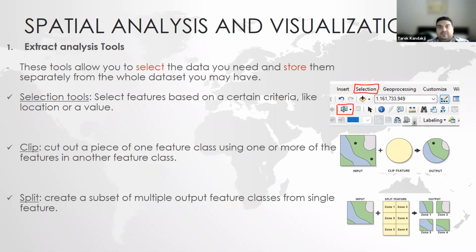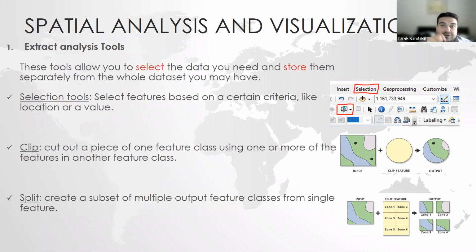This is what you want. So what to do with the rest of the data? Do you keep it? You can keep it, but then the processing will be hard. The processing will take a longer time. Also, you will be confused, like why you are dealing with much more data than what you want. So we use the extract analysis to select only the data that you want. This is the whole idea.